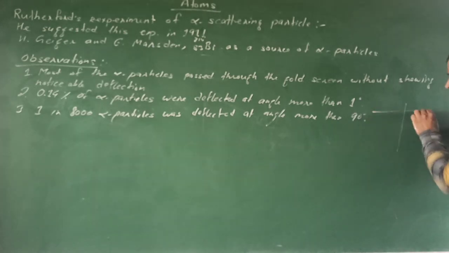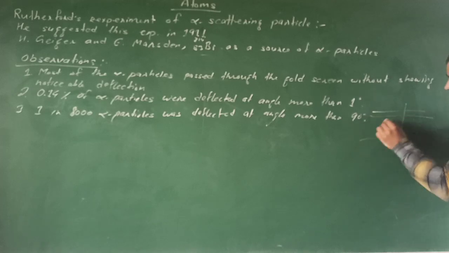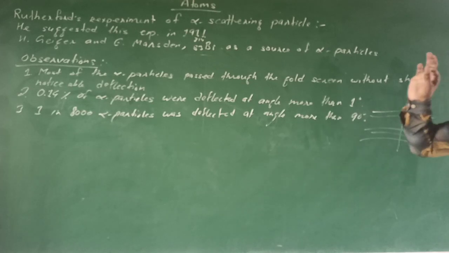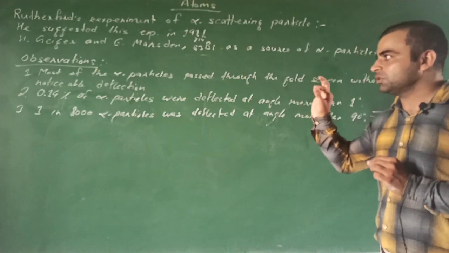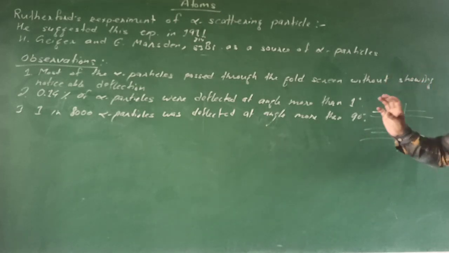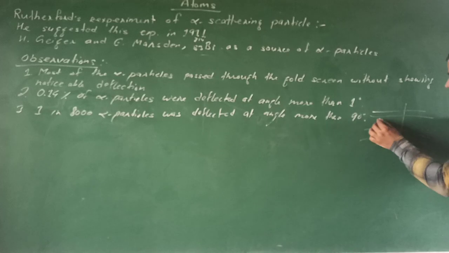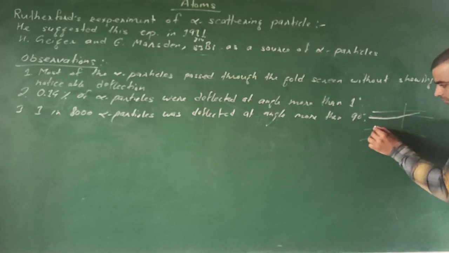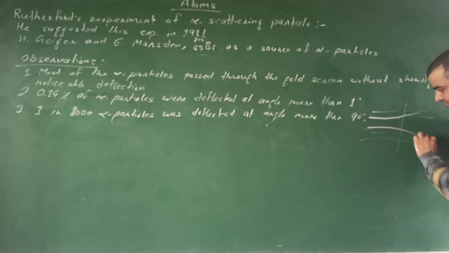most of the alpha particles passed without noticeable deflection, and only 0.14% of the alpha particles were deflected at an angle more than 1 degree. It means they showed only small deflection.